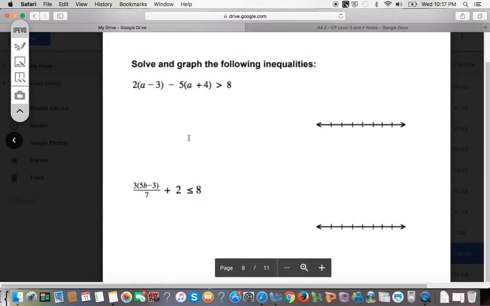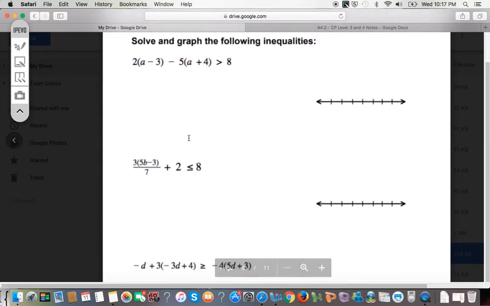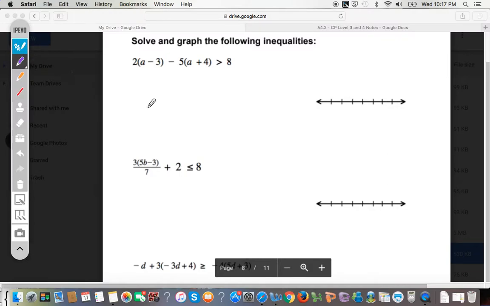So, let's take a look at these two right here. So, we have 2 times (a minus 3) minus 5 times (a plus 4) is greater than 8. So, just like we've been doing all along, I'll distribute.